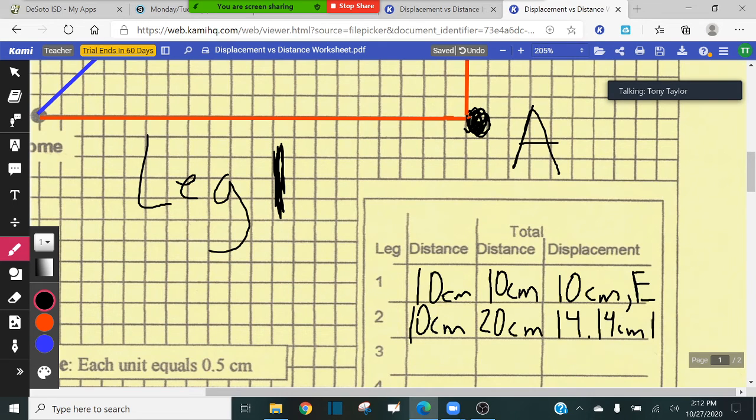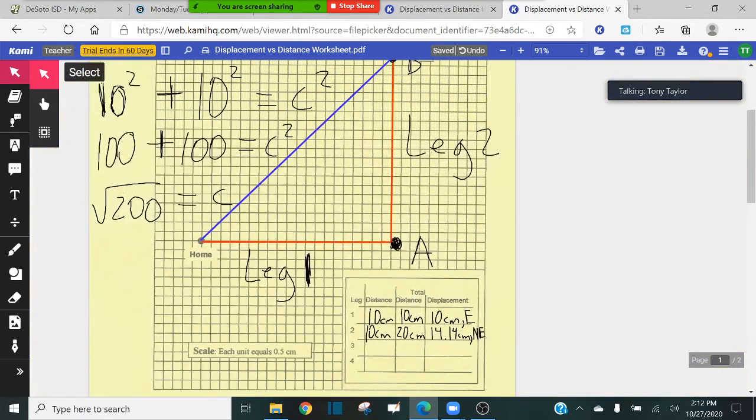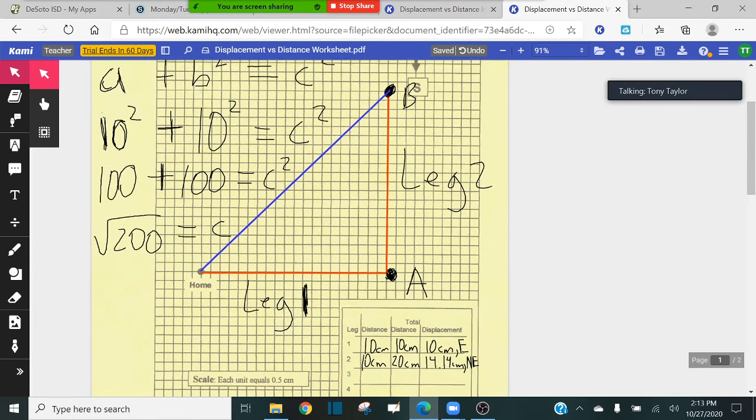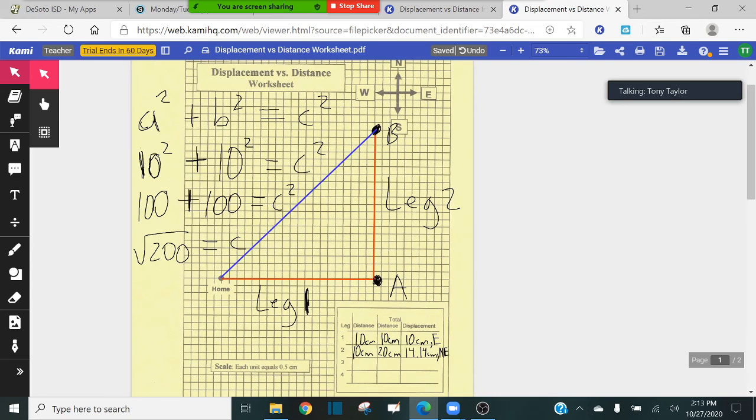And of course, that's to the northeast, because if you notice, my ending point here is to the northeast of my starting point. Make sense, guys? So my displacement is 14.14 to the northeast. Let me zoom out so you can get a screenshot of that if you want before I erase it. All right, we're almost done here, guys.